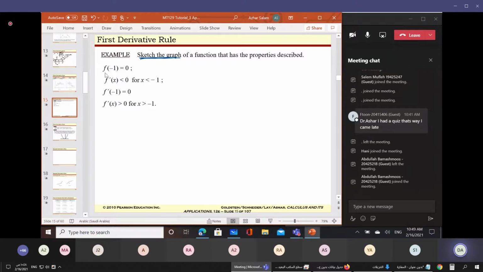The first property is that f of -1 is equal to 0. So this is a point that I should draw on the graph. Okay, this is the y-axis and this is the x-axis.